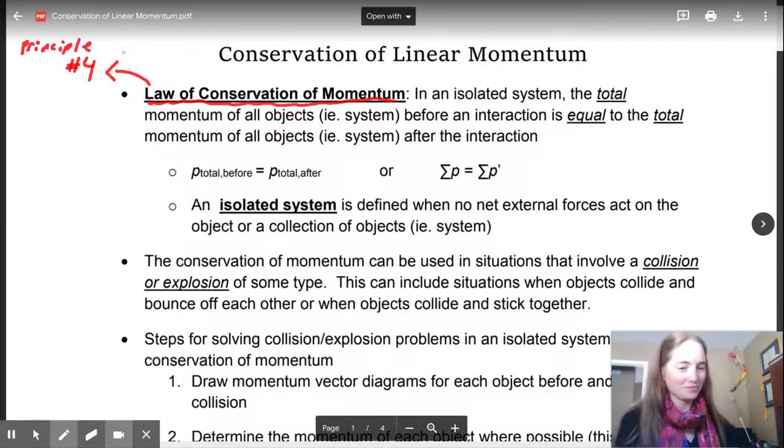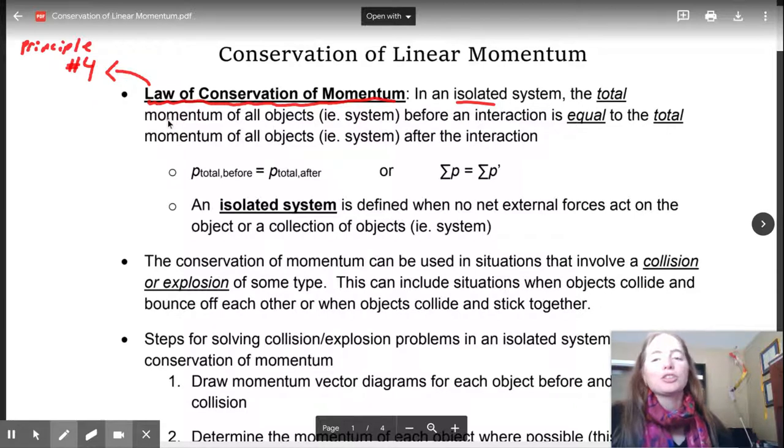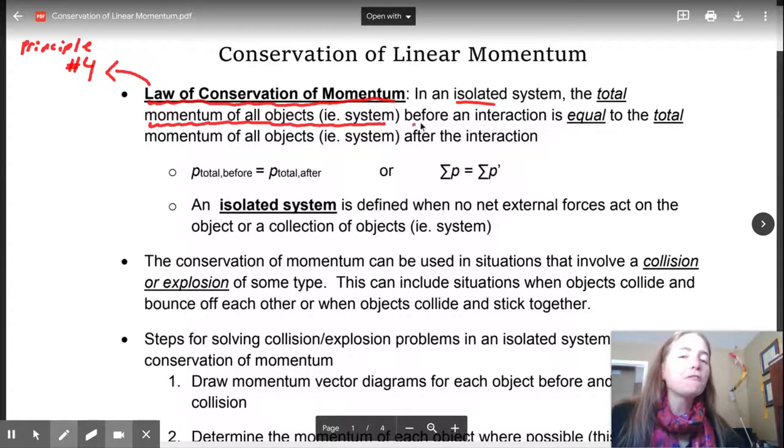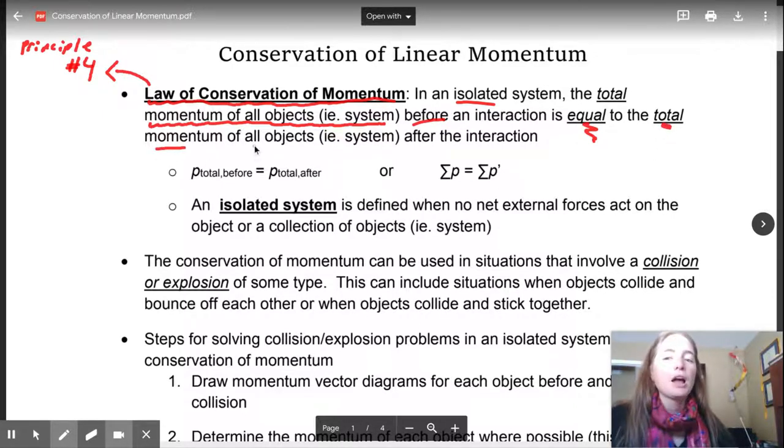In an isolated system, the total momentum of all objects, so the system that we're discussing, before an interaction is equal to the total momentum of all objects or the system after the interaction.